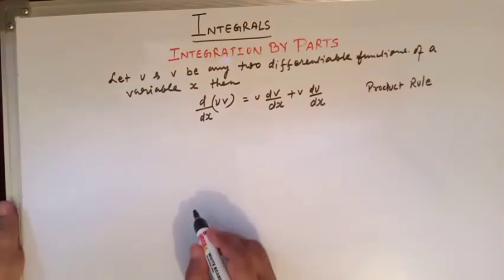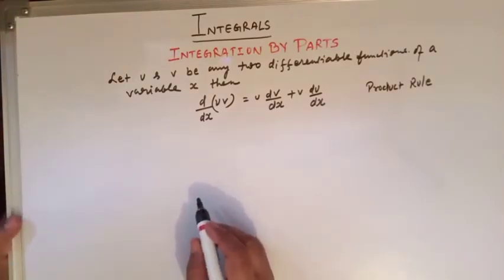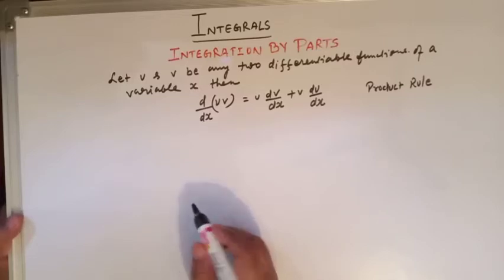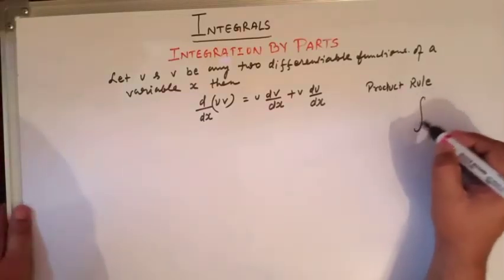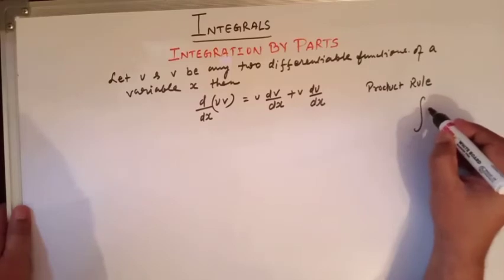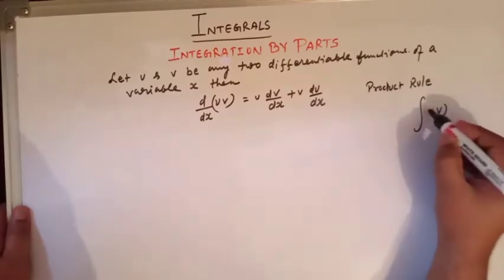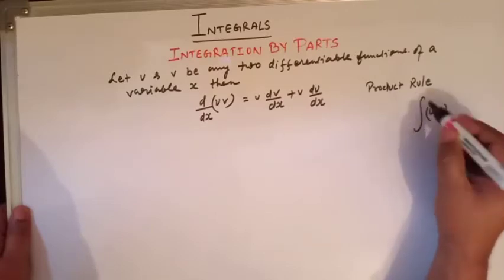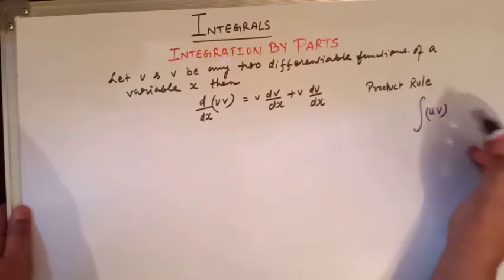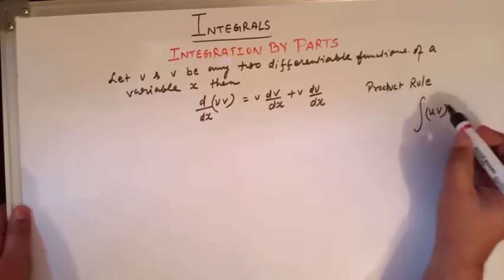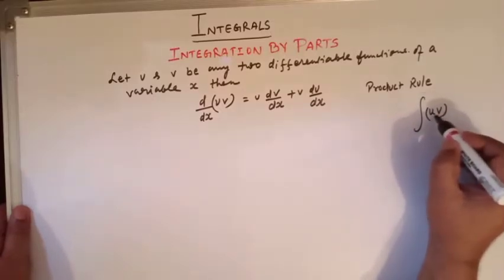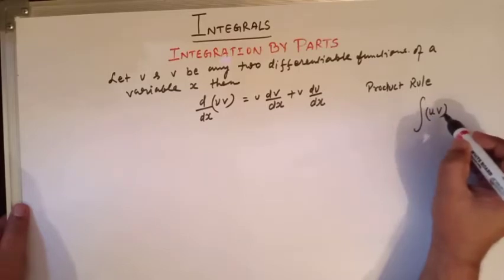Clear? Now here we are interested in finding out the integral of the product of two functions u and v. So we want to find the indefinite integral of the product of these two functions of x, u and v.